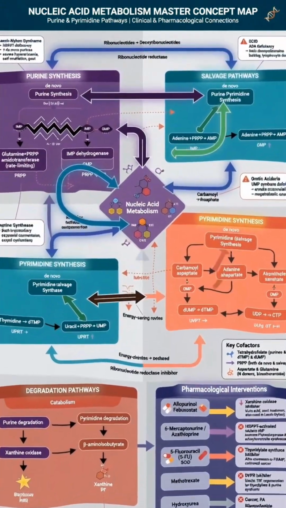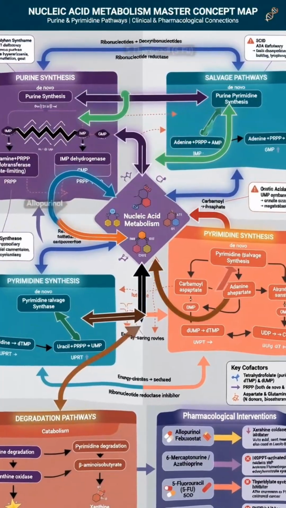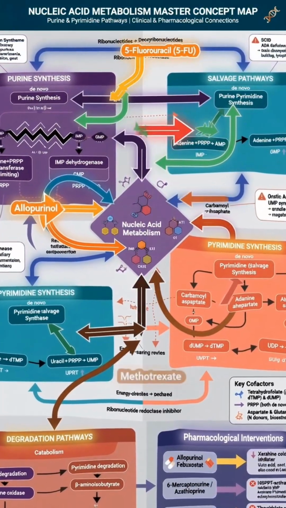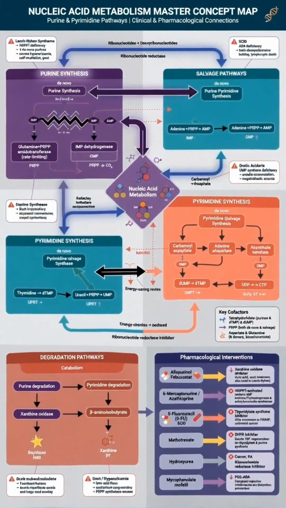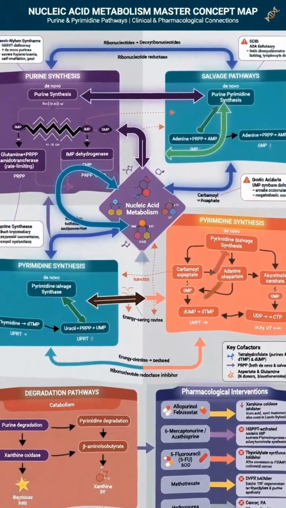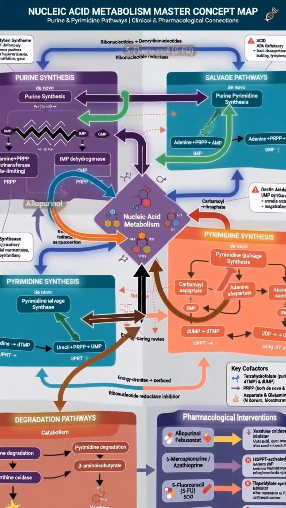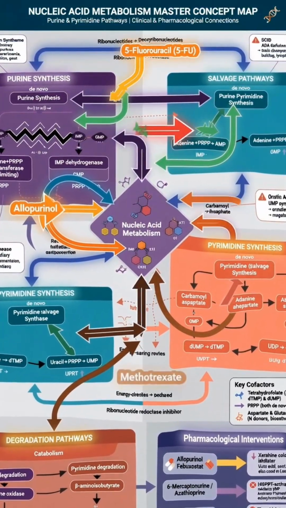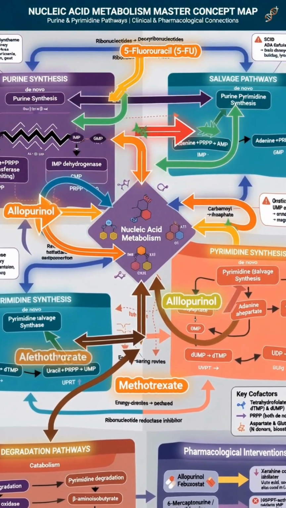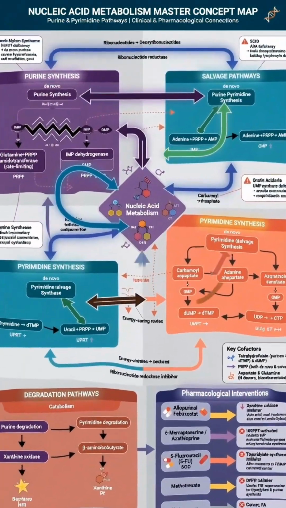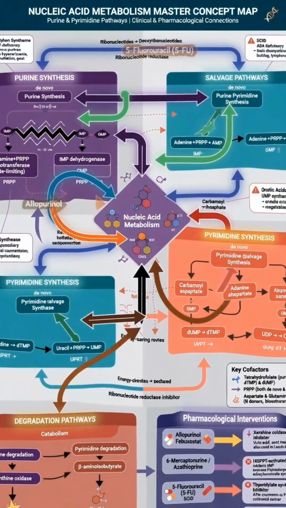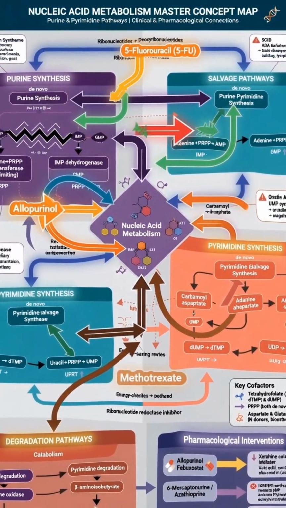This again is the picture, as you can see, the nucleic acid metabolism master concept map. You can see it here for you to zoom in and see what it's talking about, because it will help you in better understanding of how these pathways are interconnected in different ways.